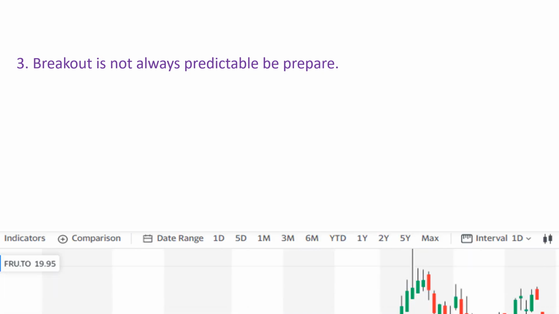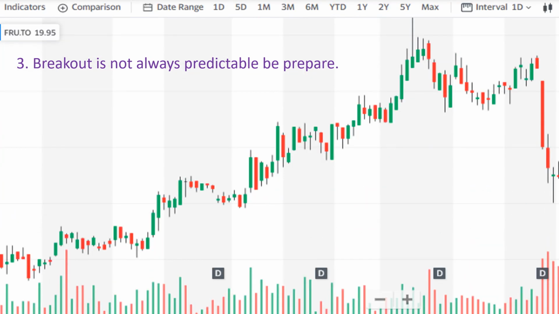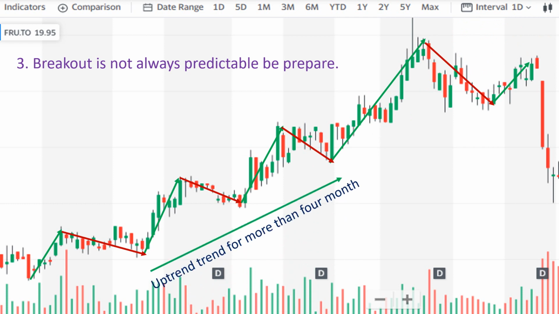Look at this price trend, FRU stock D1 time frame, Yahoo Finance. The price is making higher swing highs and the pullbacks are making higher swing lows all the way up for almost 4 months, going in an upward direction, and traders think the trend will continue going higher in their favor, and they think to enter the trade and buy the breakout right here.